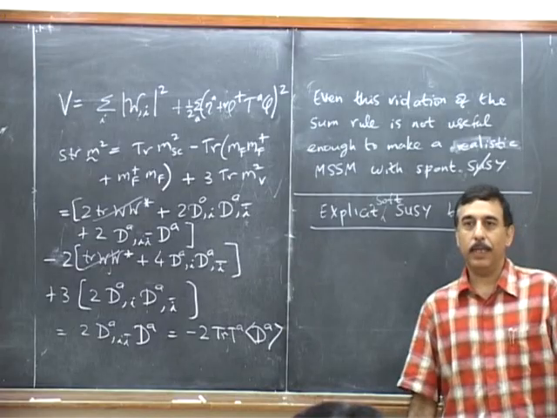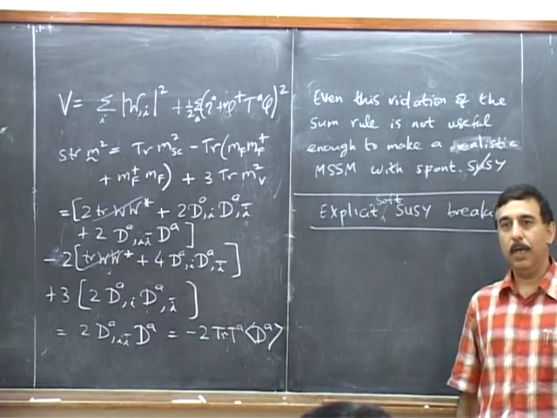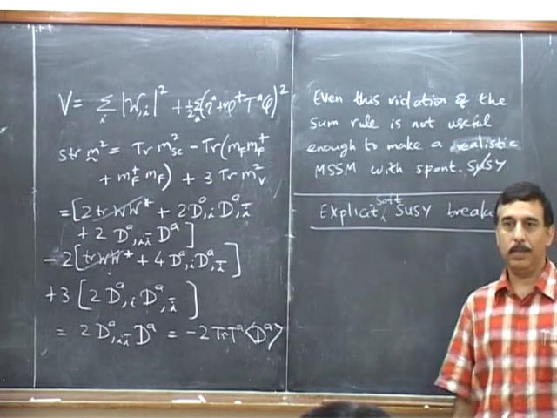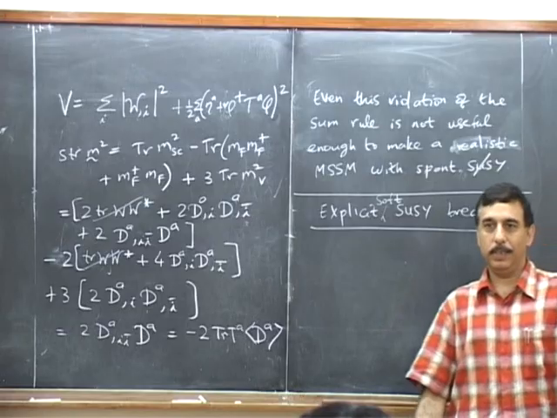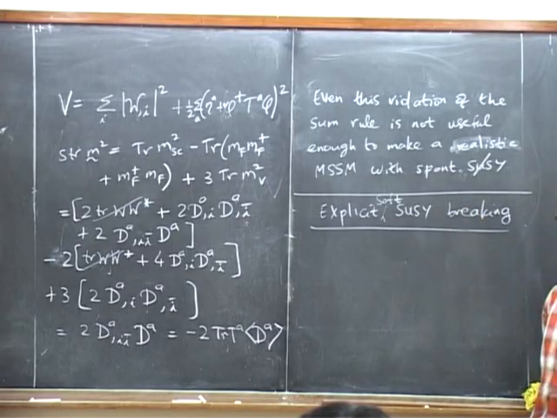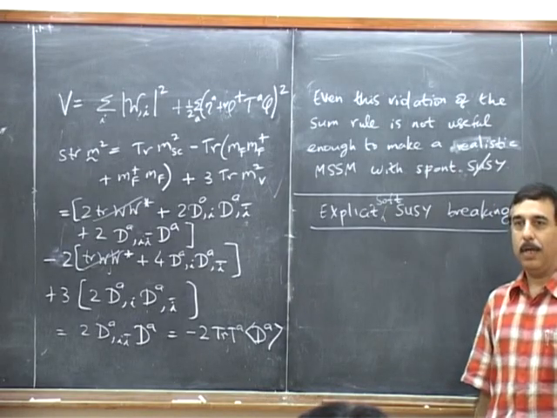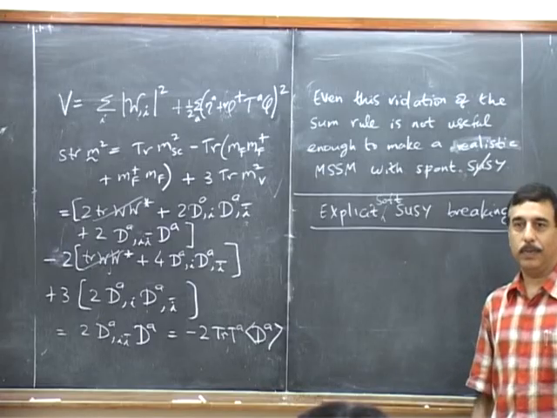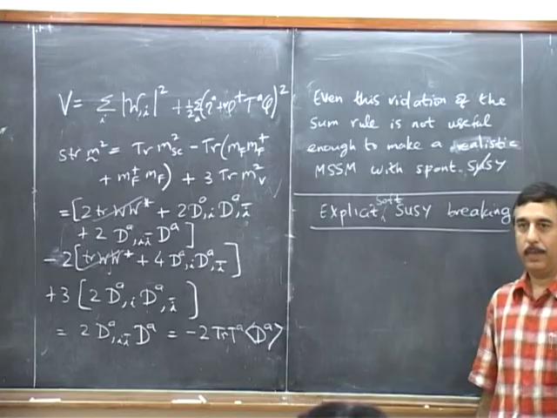The converse way of thinking about this is, imagine we have a high scale supersymmetric theory which undergoes spontaneous supersymmetry breaking by some mechanism. How will it influence the effective low energy theory? It turns out that it influences it by introducing explicit soft supersymmetry breaking parameters. Okay? So it's a consistent way to proceed. Instead of abandoning spontaneous supersymmetry breaking, we simply pass it on to some higher level theory.